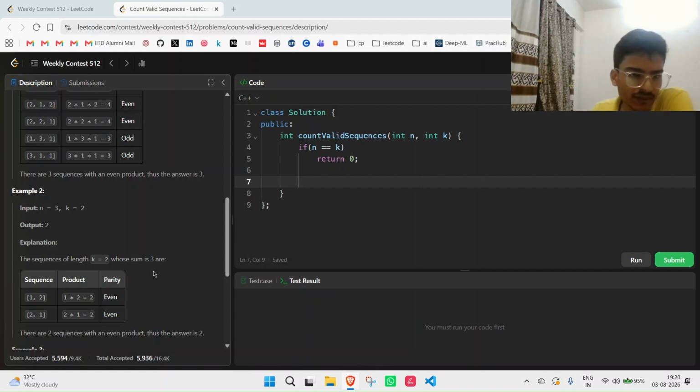Yes, so we have to include at least one even number, and that even number should be less than or equal to n.